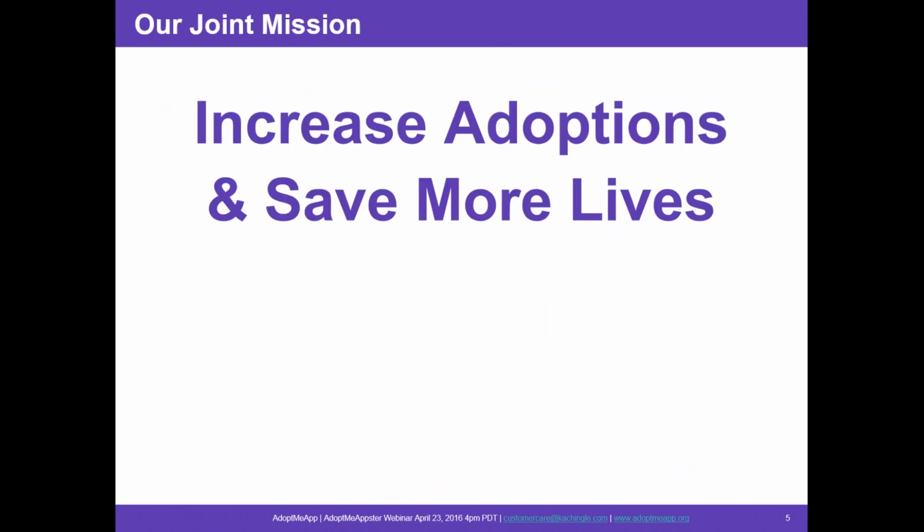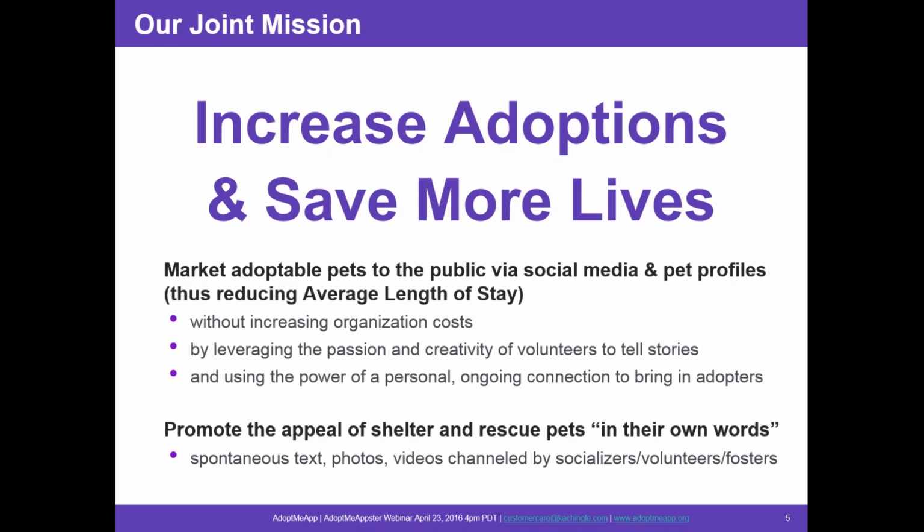Okay, so we believe that our joint mission, of course we haven't talked to you guys first, but we think this is our joint mission, which is to increase adoptions and save more lives, which is pretty much the mission really of all animal shelters and rescue groups. AdoptMeApp enables this by marketing the adoptable pets to the public via social media and the pet profiles.